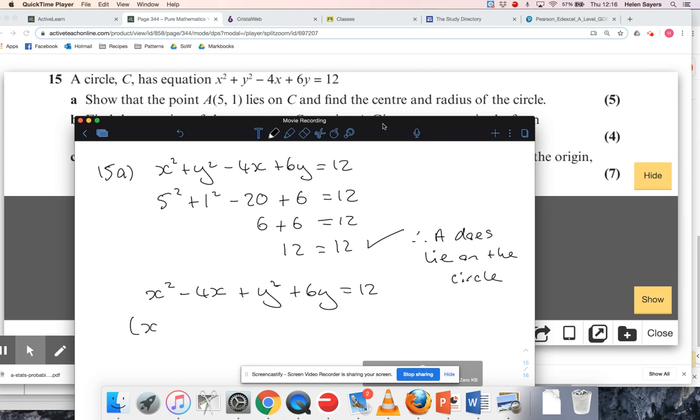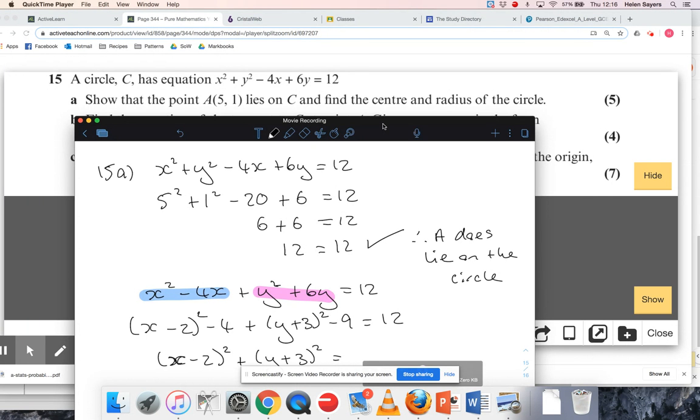And then I'm going to complete the square on x, so that's going to be (x minus 2) all squared minus 4. Then I'm going to complete the square on y, so that's going to be (y plus 3) all squared minus 9.